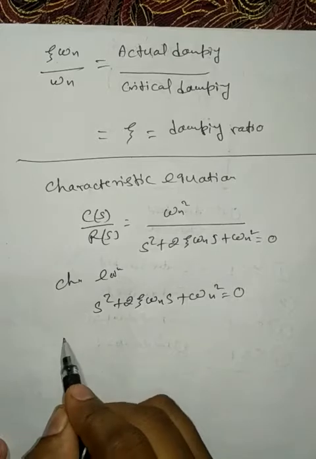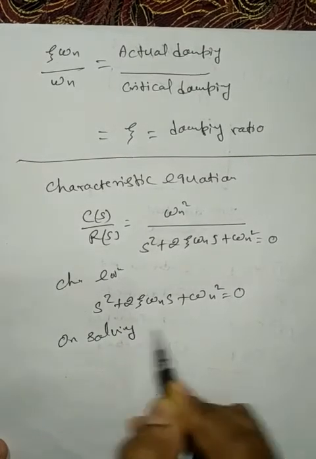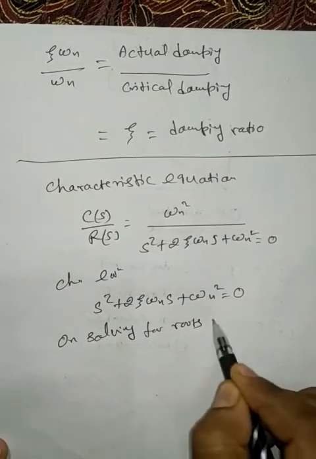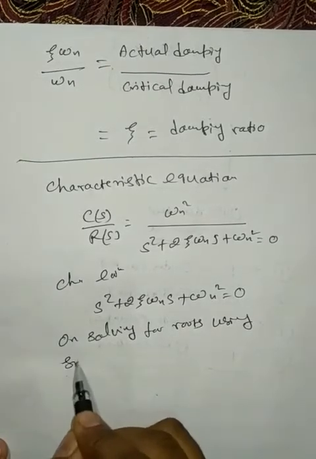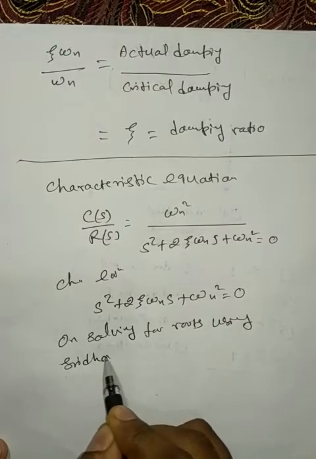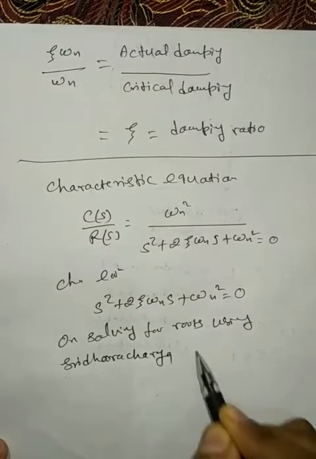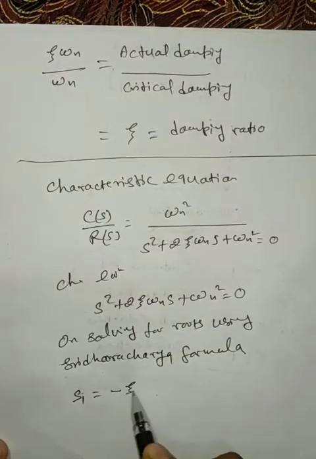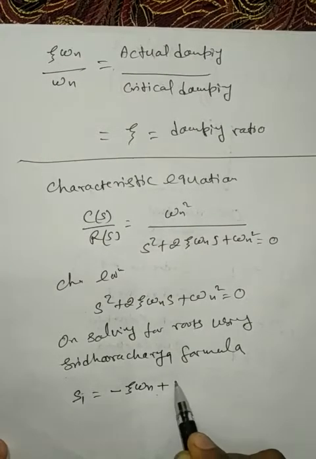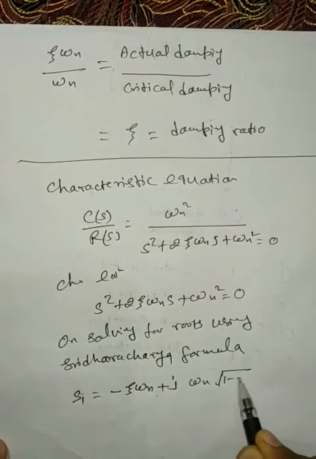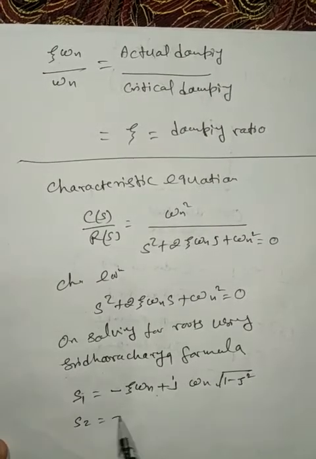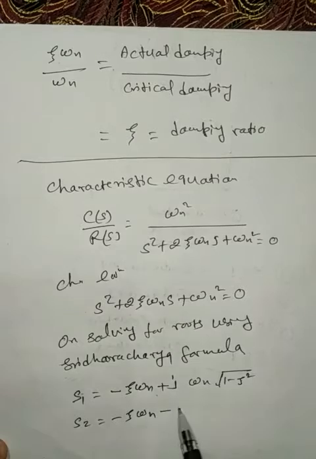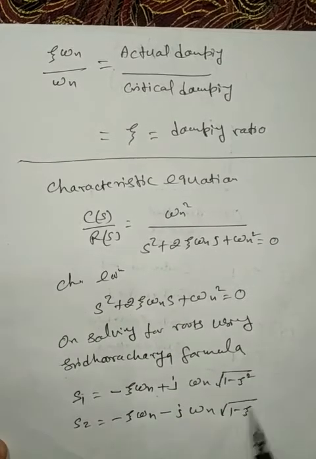And on solving for the roots using the Sridharacharya formula, I get S1 is equal to minus zeta omega n plus j omega n under root 1 minus zeta square, and S2 is equal to minus zeta omega n minus j omega n under root 1 minus zeta square.